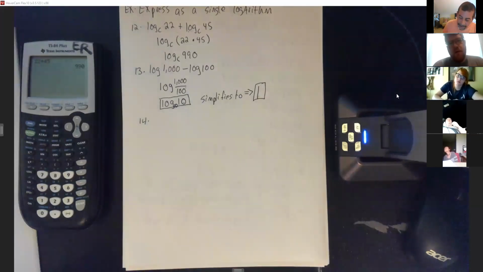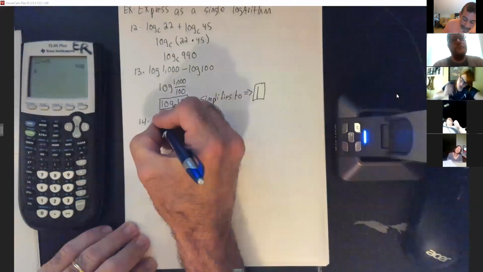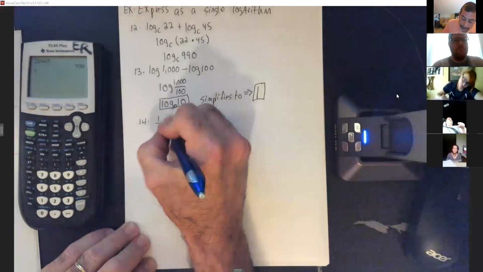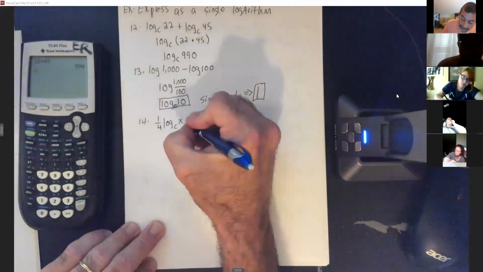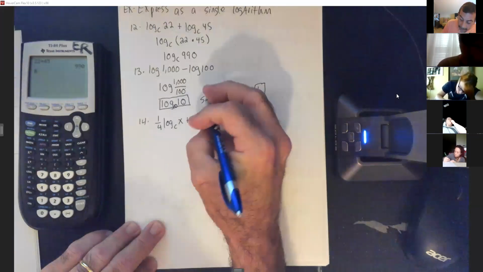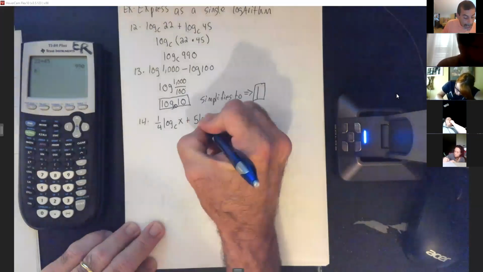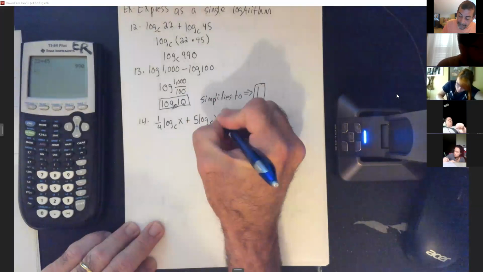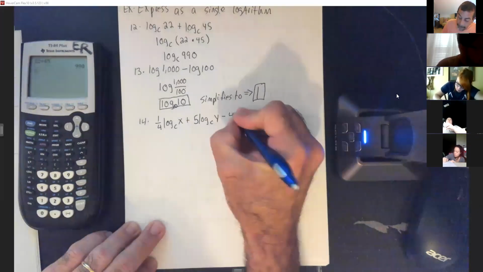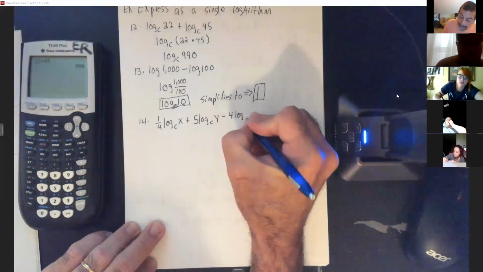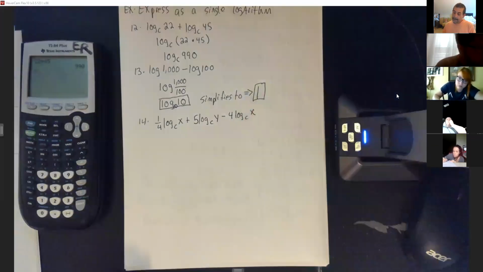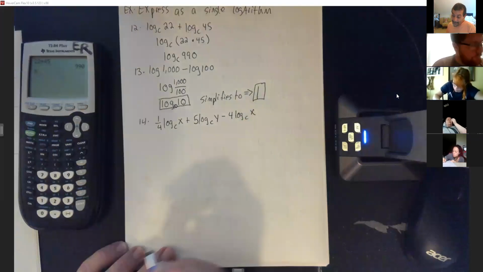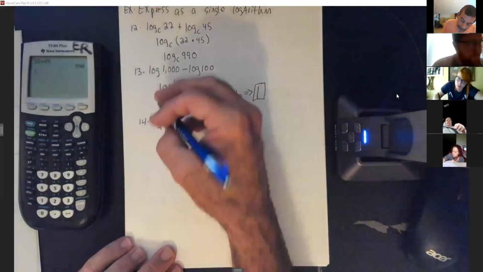All right, so here's a fun one. 1/4 log base c of x plus 5 log c of y minus 4 log c of x. Now this one's got a lot of crazy moves we're going to do. But the first thing, you see all these exponents?